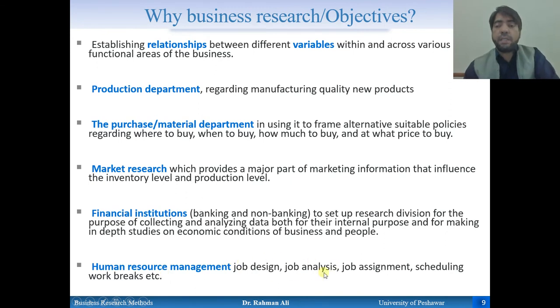They can better decide the recruitment policy, and they can best decide the optimization, that is, what ratio of employees we should keep within our business.